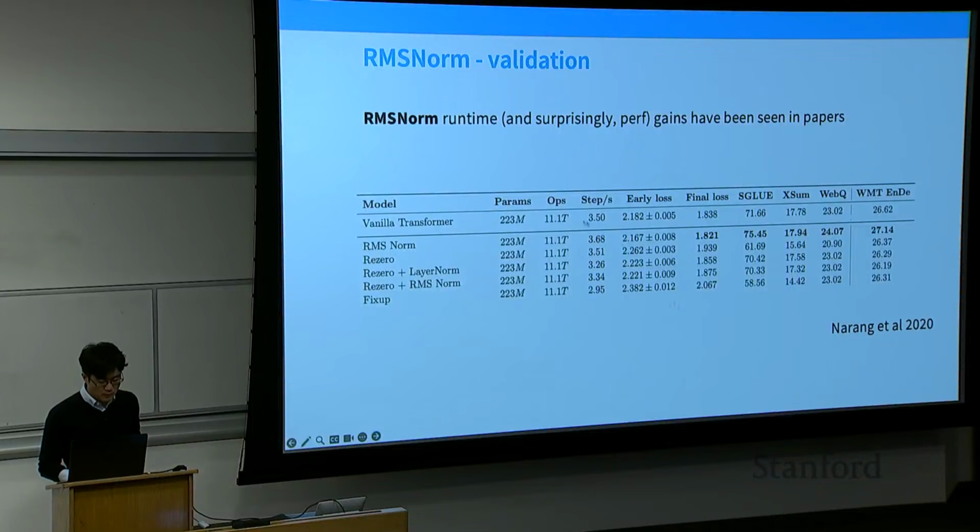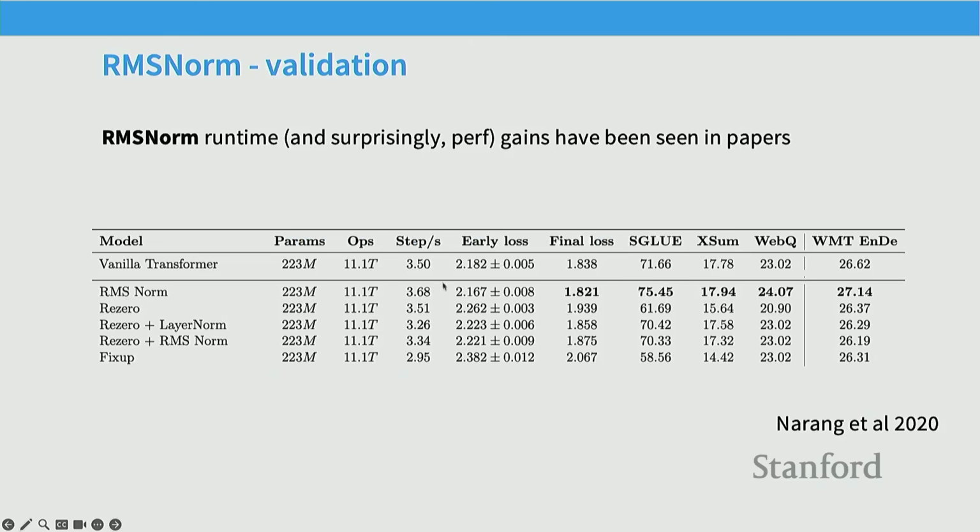The number of steps per second in a vanilla transformer is 3.5. With RMS norm, you get 3.68. Not a huge gain, but that's in some sense for free. And you get a final loss that's lower than the vanilla transformer. So we've gotten runtime improvements and, at least in this case, loss improvements. That's a win-win for us.